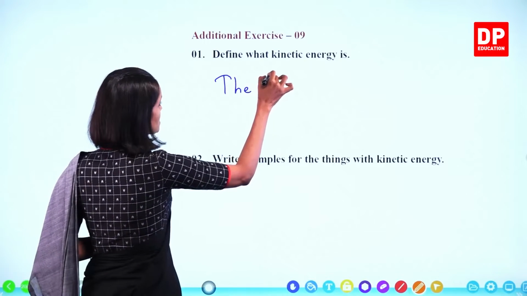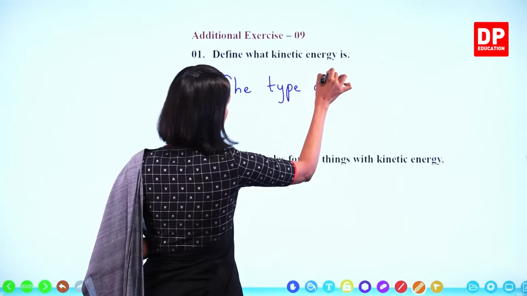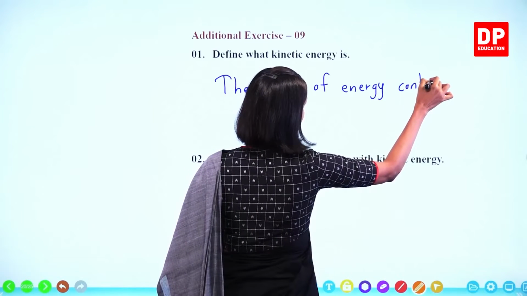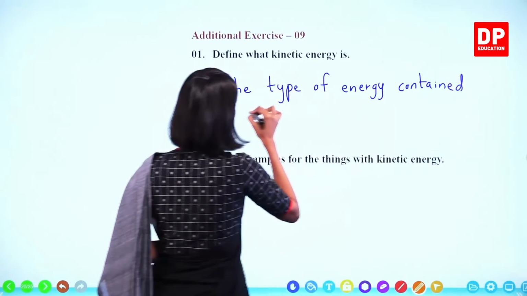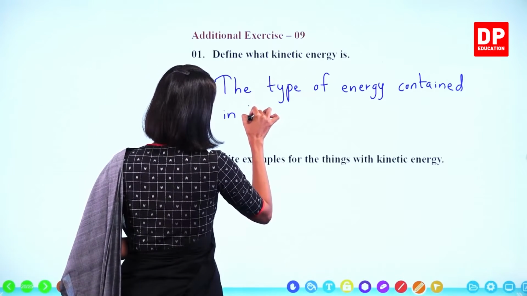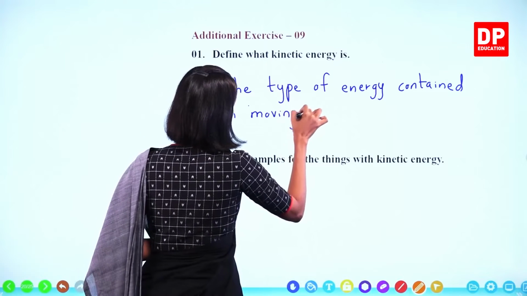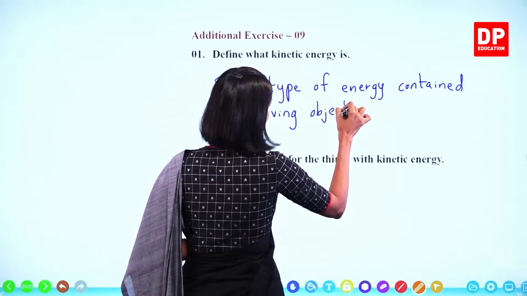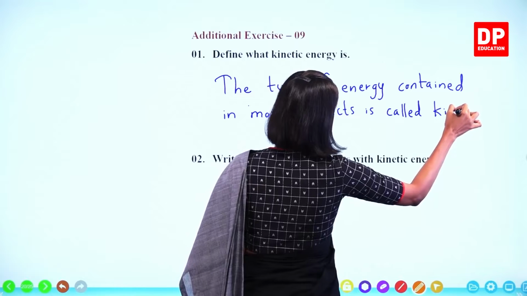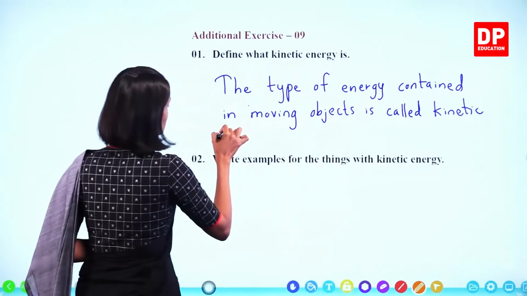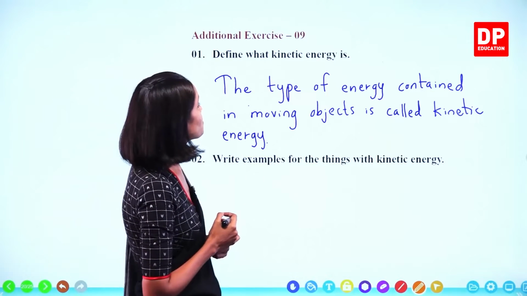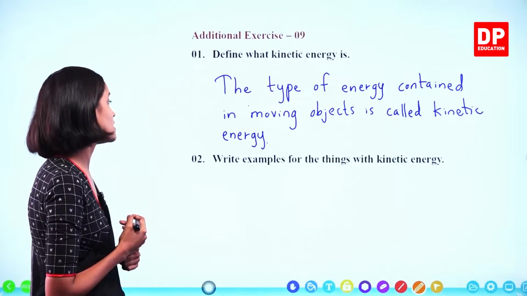The type of energy contained in or stored in a moving object is called kinetic energy. Right? The type of energy contained in moving objects is called kinetic energy.